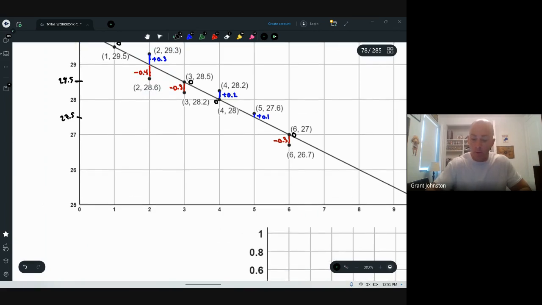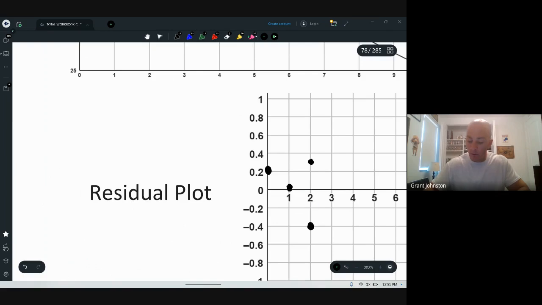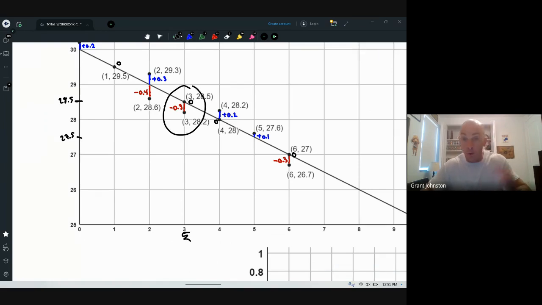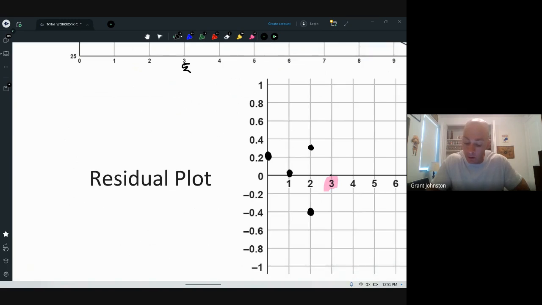Let's go to 3 now. At 3, there were a couple of residuals. There's one on the line, which gives us a residual of 0, and there was one 0.3 below the line, so negative 0.3. So at 3, we had a residual of 0 and then a negative 0.3.